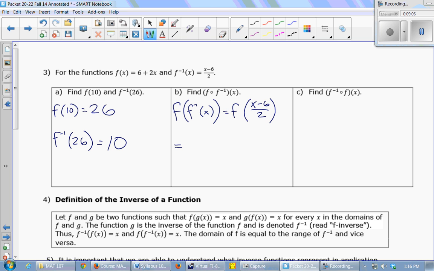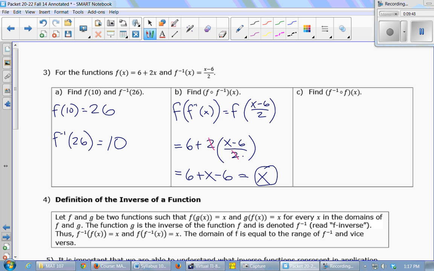So f of some stuff means take that stuff and plug it into the formula for f anywhere you see an x. So f of x is 6 plus 2x, and f of all this stuff is going to be 6 plus 2 times all that stuff. Now if I simplify this, those 2's cancel. And then I have 6 plus x minus 6, which is x. So when you compose inverse functions, you get x back.